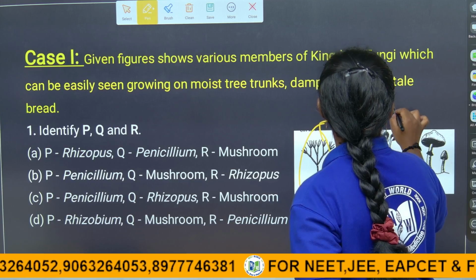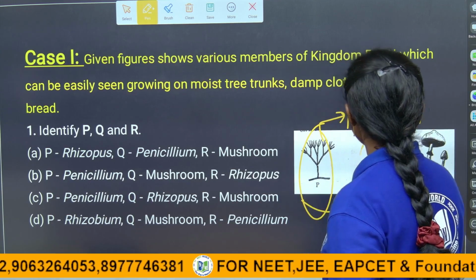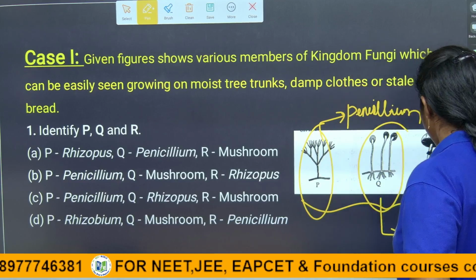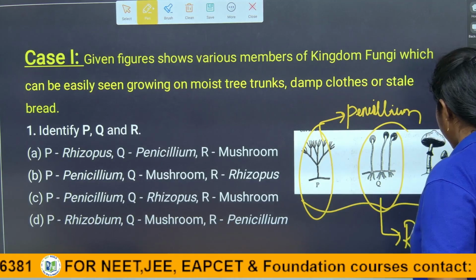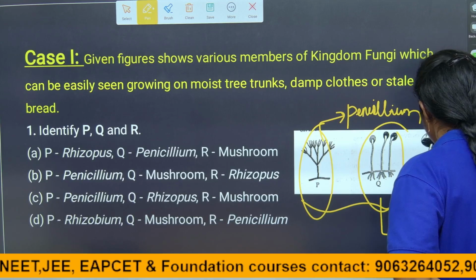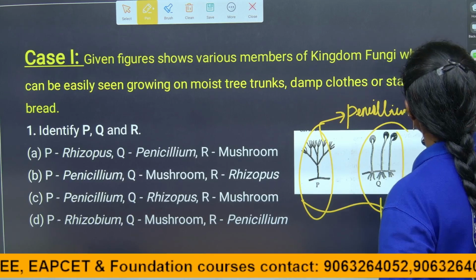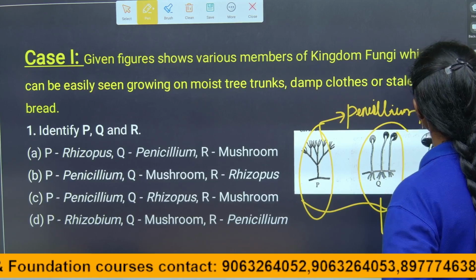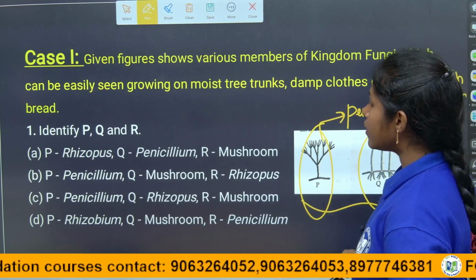P is penicillium, Q is the bread mold rhizopus, and R is mushroom.